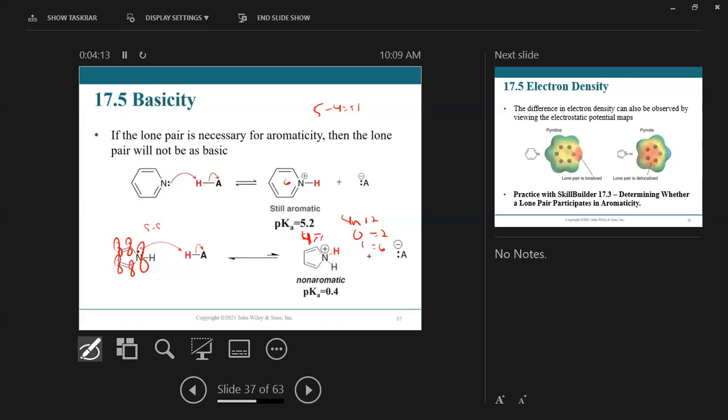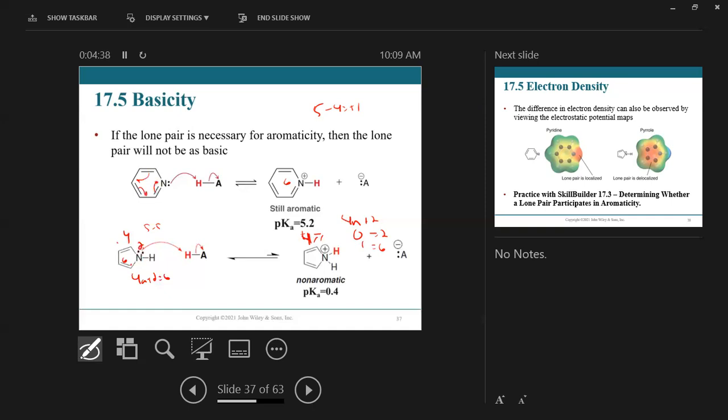So how many pi electrons are there? Well, we count 2, 4, 6. That satisfies the 4n plus 2 rule. Here we're not satisfied, so the charge did make a difference right here. But here the lone pair, this is still an aromatic compound right here.